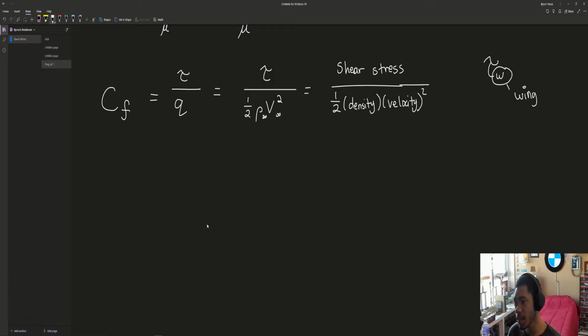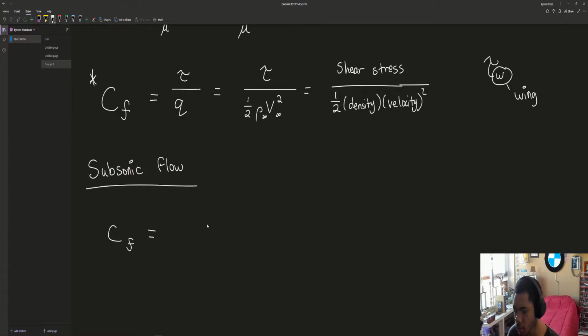Now, the thing is that this doesn't really help us if we don't have shear stress. But in subsonic flow, we have similar things. So let's take a look at our subsonic flow cases. We get two equations.